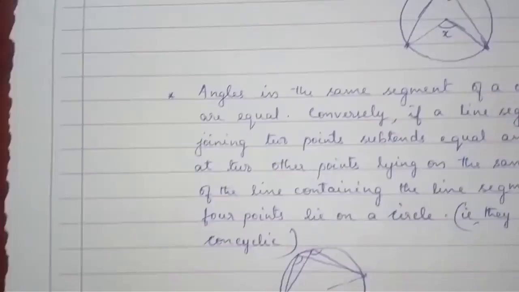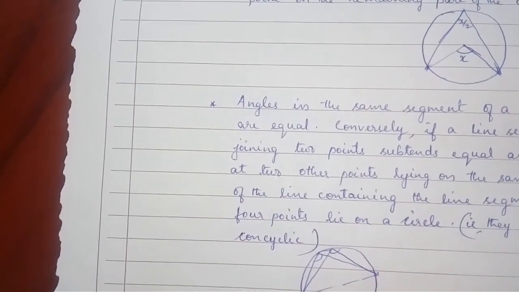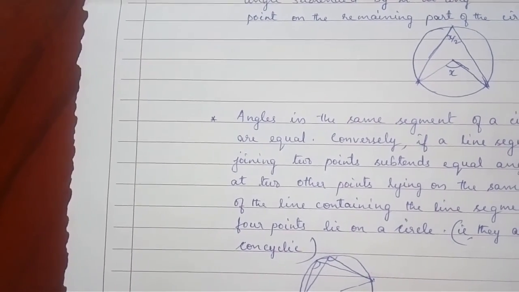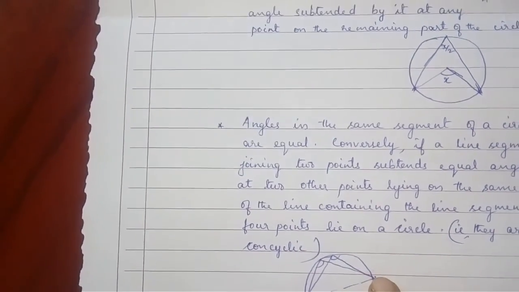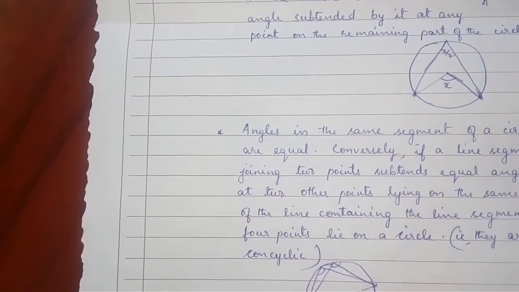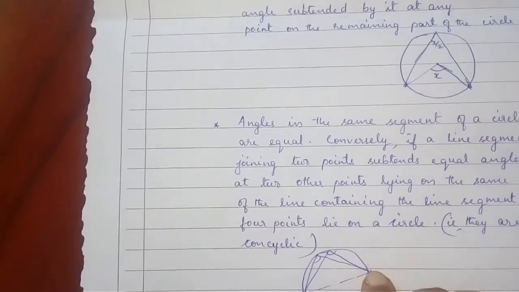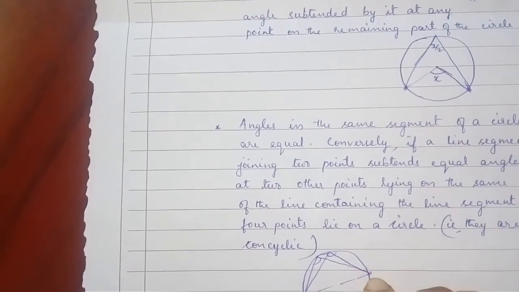See, here one line segment we can see. The arc we took, we can draw one chord by joining, which means the chord joining the endpoints of the arc.